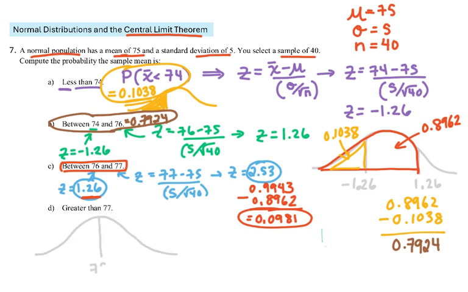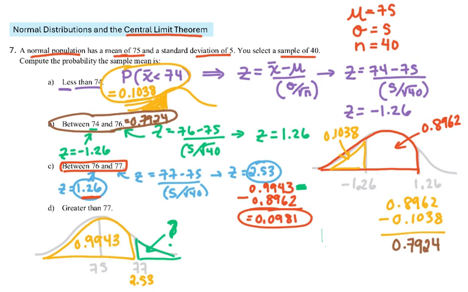Okay, and lastly, what's the probability it's greater than 77? So remember, here's the mean, here's 77. We want to understand the probability that we are here. We already have this value at 77 from our previous question. So we know that the z value is 2.53 and the corresponding area from the table is 0.9943.